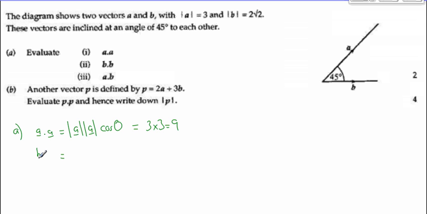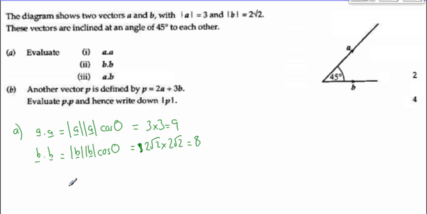Okay, B dot B, similar idea. Okay, is going to be the magnitude of B times the magnitude of B times cos 0, which is just 1. So it's 2 root 2 times 2 root 2, which is just going to be 2, 4, 8.